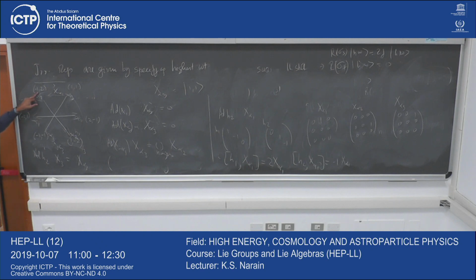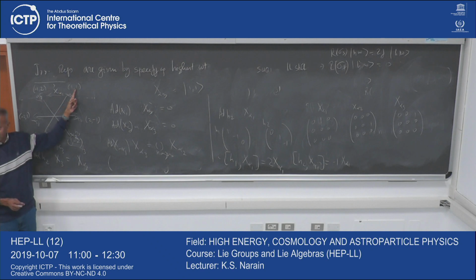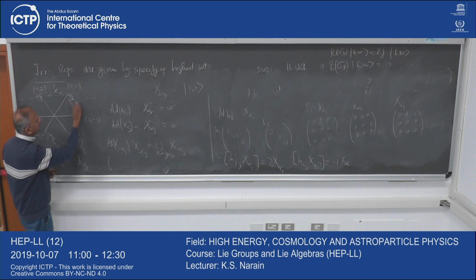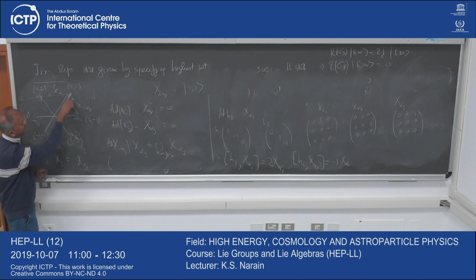But by the time I have come here, this is minus 1, 2, and this 2 is the H2, right? So this number 1 tells me that with respect to SU2, this should be a doublet. So when I apply X minus alpha 2, I'm going to come here. This 1 becomes minus 1, and then this 1, you have to add it up, right?